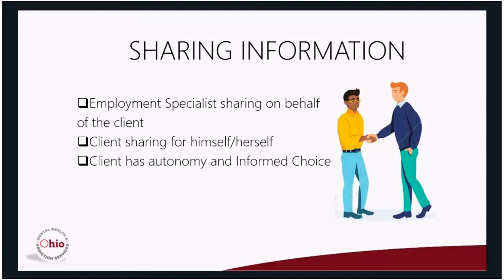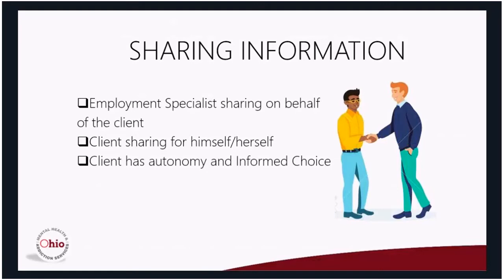Or 2, the client sharing information about himself or herself with an employer or in conjunction with the employment specialist for the purposes of getting a job or obtaining supports in order to be successful at work.